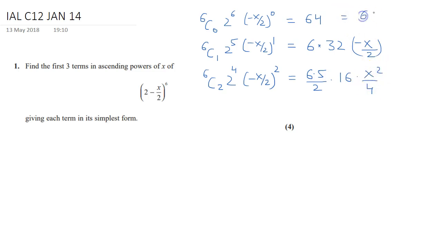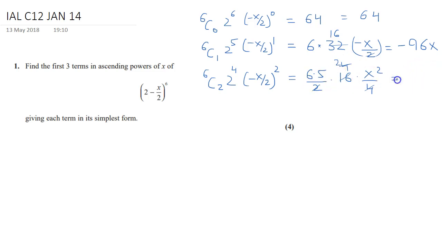So this is 64, this is 2 cancel, 16, so that is negative 16 times, so this is minus 96x. 4 times 4 is 16, 2 times 2 is 4, 5 times 2 is 10, and 60.